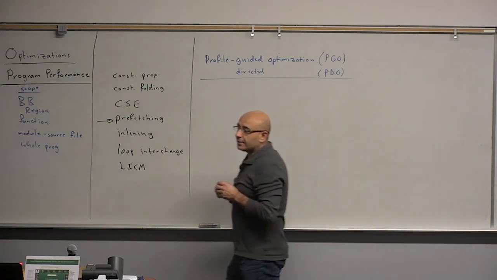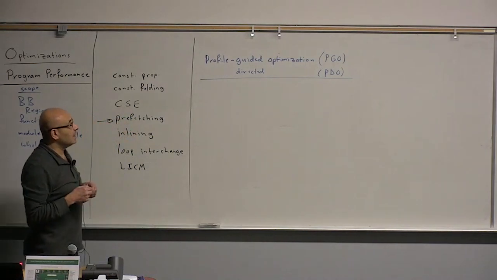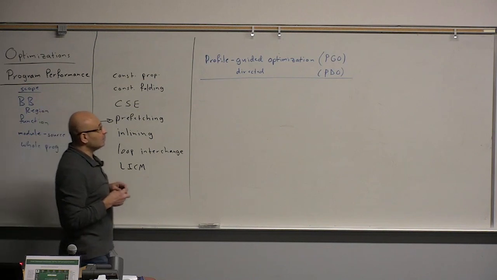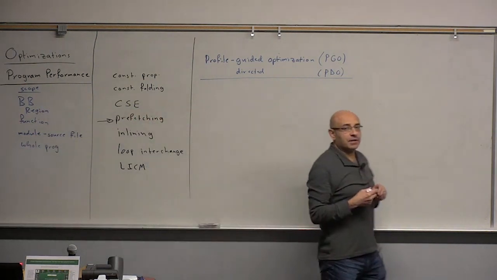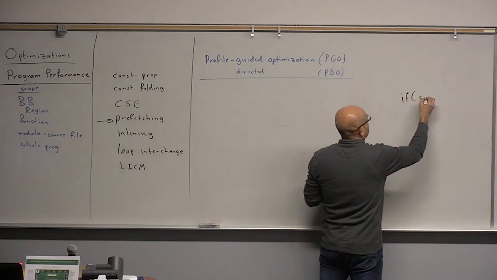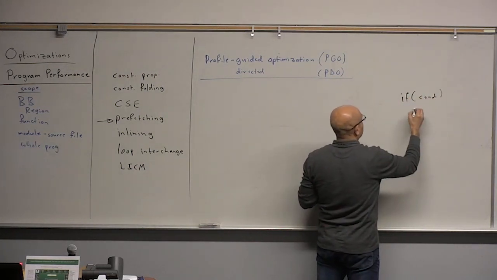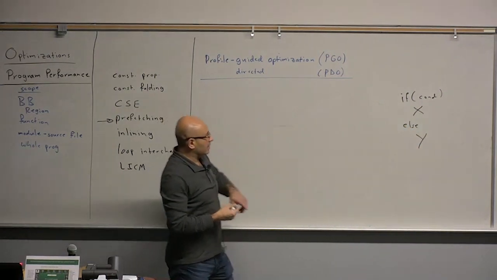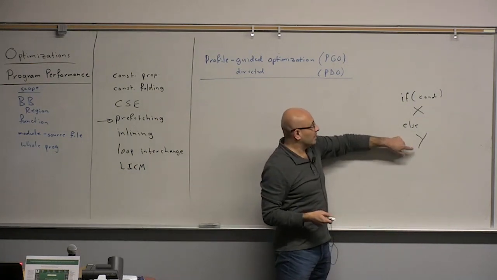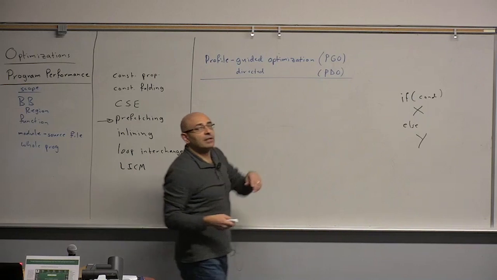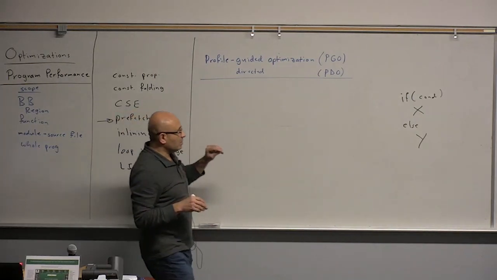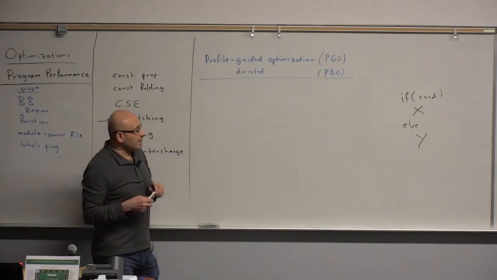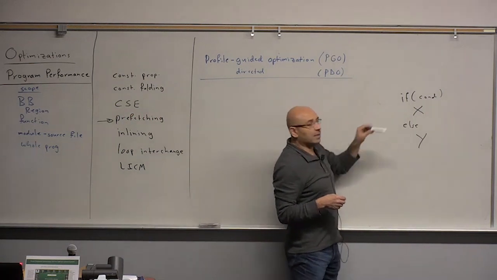Okay, and in that case, that will correspond to thinking of the branch as creating two basic blocks. That will tell you the basic block execution frequency. So if you have an if condition, do X else do Y, then this is going to be a basic block and this is another basic block, and that information about the probability of the condition being true or false can give us the basic block execution frequency.